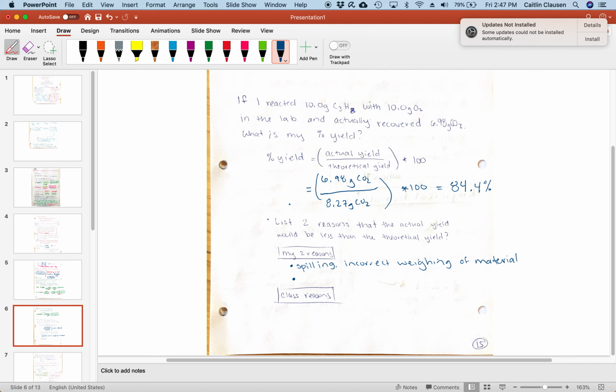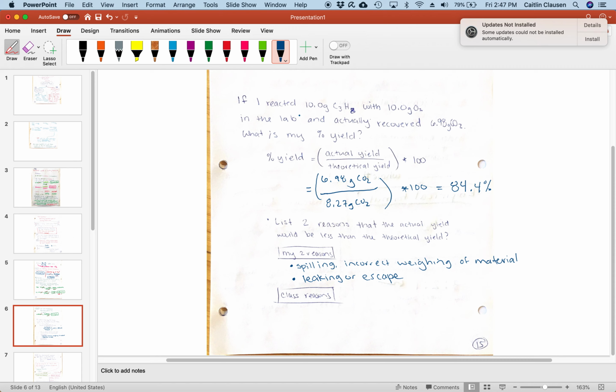In this case we're dealing with gases, so maybe leaking or escaping gases. So maybe you did make it, but your product escaped out of the container. Maybe you spilled some. Other reasons, maybe it evaporated.